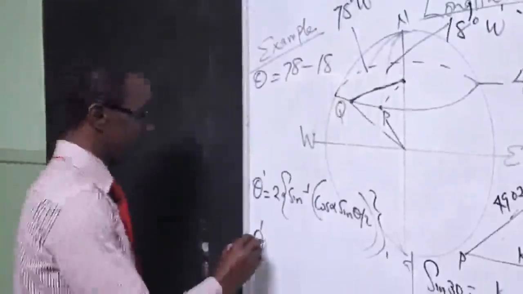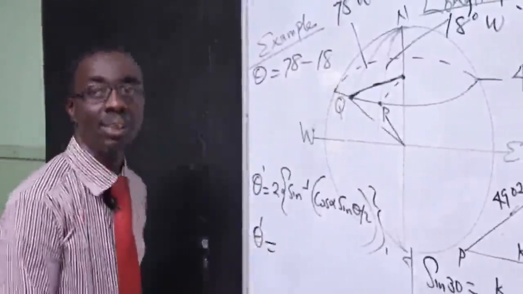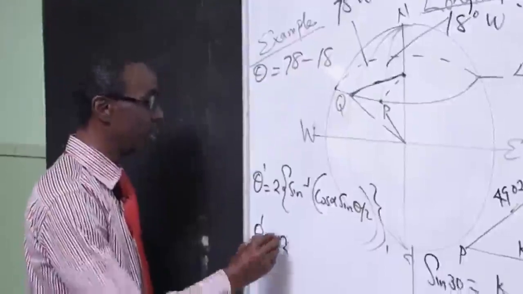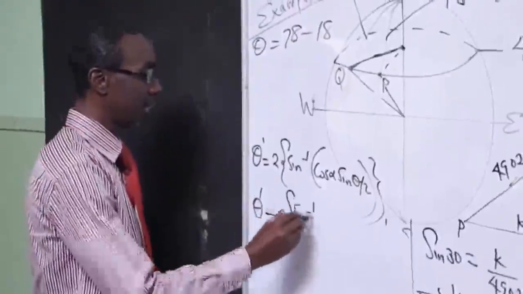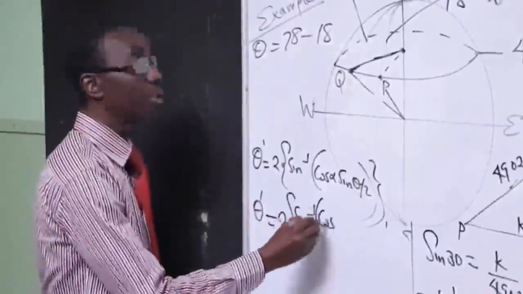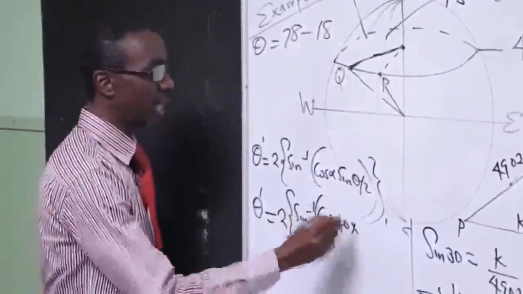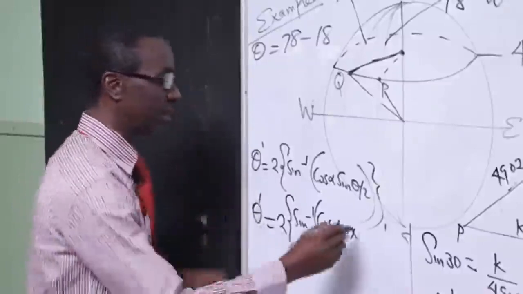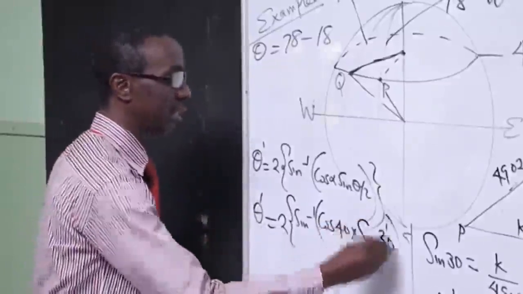Yes, sir. You are not finding distance along this circle, it's just the angular difference that we are finding here. 2 into arc sine of cos alpha, that's cos 40, times sine of theta over 2, theta is 60, so that will be sine 30.